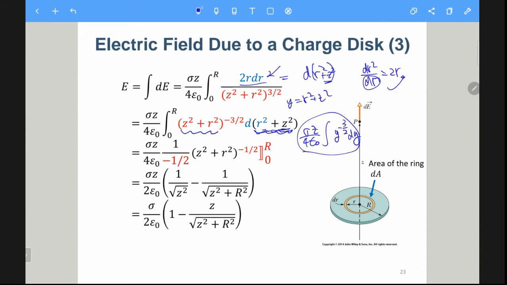And of course you need to change the upper and lower bounds by plugging in 0 for r. So here we have z square, and if you plug in capital R here, it becomes R square plus z square, something like that.